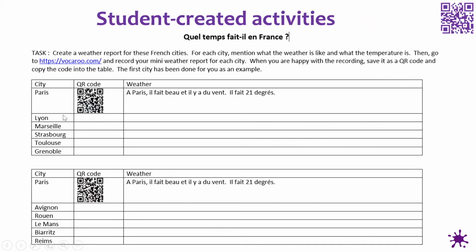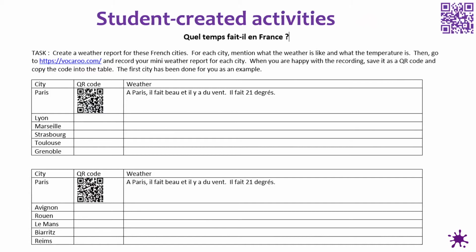So for each city, they have to tell me what the weather is and what the temperature is and make a QR code. They then hand me the sheet. I cut up all of these QR codes, put them around the room, and they go around and listen and fill in the 10 cities. So for Lyon, for example, there might be 10 different sentences.